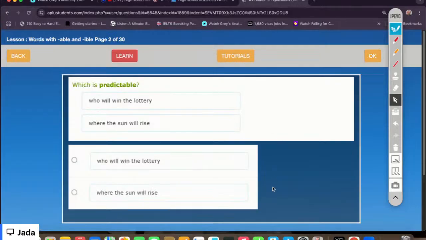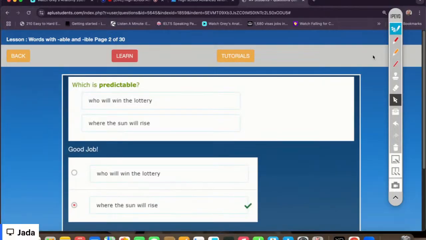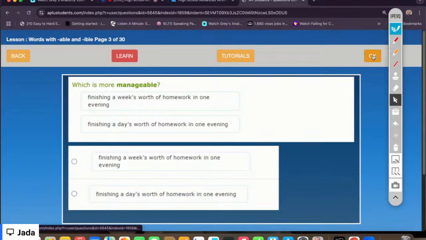All right, so where the sun will rise is more predictable because it's very difficult to win a lottery. Okay, so which is more manageable? Finishing a week's worth of homework in one evening or finishing a day's worth of homework in one evening?